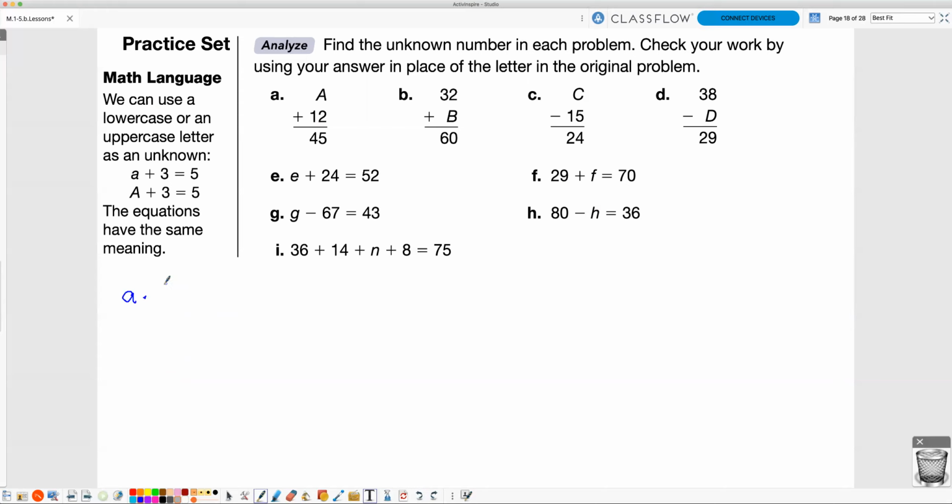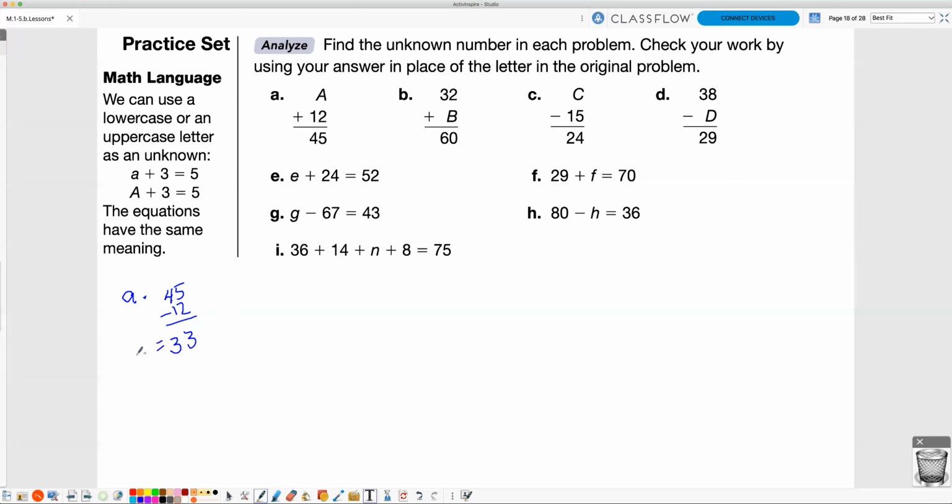So in this case, I have to subtract. I don't know what I was thinking there. I have two add-ins. If I have two add-ins and I have a sum, I have to take that sum minus the known add-in, and I would get 33.